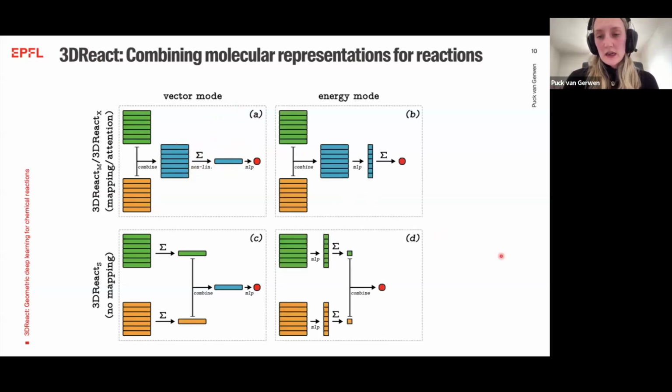And then we also look at the energy mode. In the energy mode, if again you focus first on the lower figure, in the case where I had no atom mapping, what this would mean is that I want to learn an energy contribution per molecule. This is actually simpler than the vector mode, because I'm running almost independent channels. I learn an energy contribution and then I have some kind of difference or sum or linear operation or an MLP to predict the final energy.